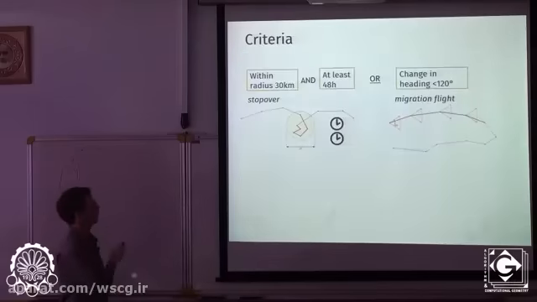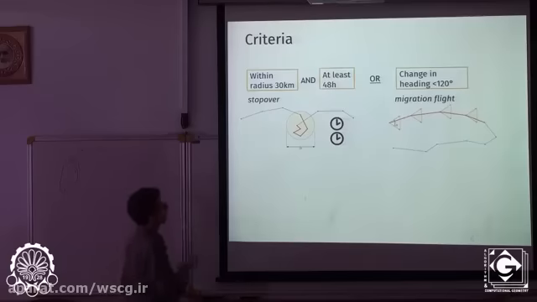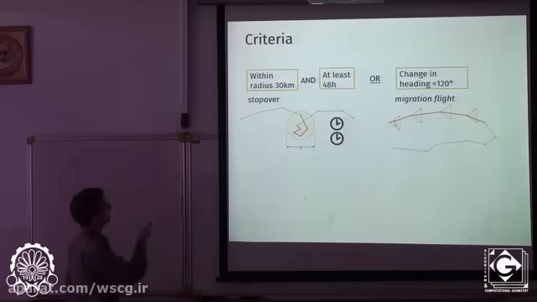But now back to this issue of not being monotone. We have that a stopover should stay within a radius of 30 kilometers, but it should do so for 2 days. The radius criterion is decreasing monotone, but the duration is actually the opposite.